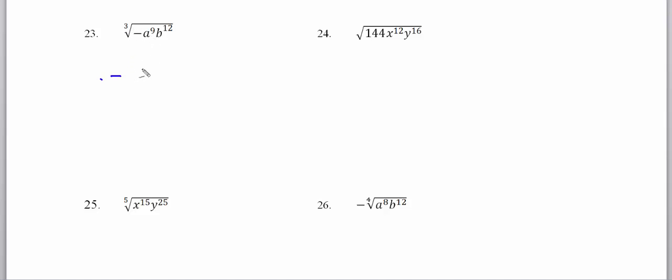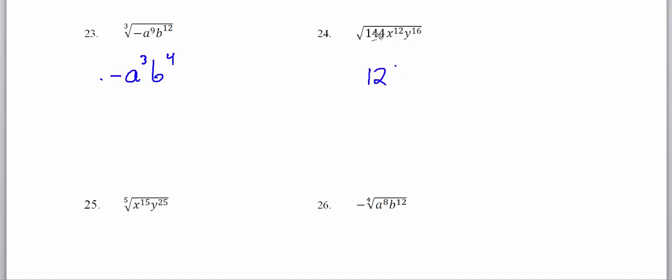Okay, so 3 goes into a to the 9th 3 times, so there's a cubed, and 3 goes into b12 4 times. The square root of 144 is 12, and as another reminder, we are not considering any of these values to be made from negative values, so we're not going to look at plus minuses in any of these problems until we get to the quadratic chapter.